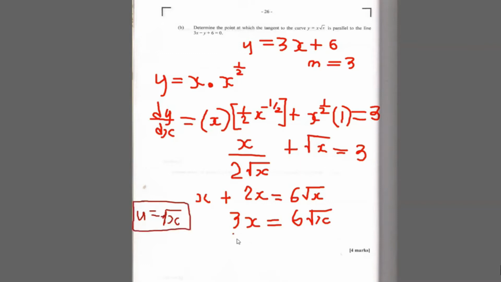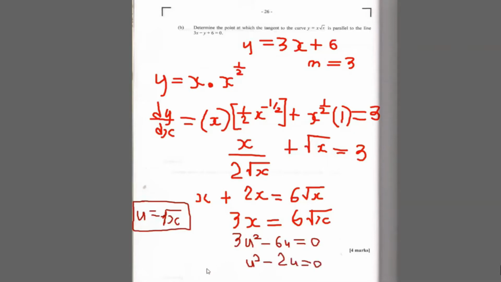Really and truly, you're solving 3u squared minus 6u equals 0. Now this looks pretty easy. You can divide through by 3, and you're going to get u squared minus 2u is equal to 0.